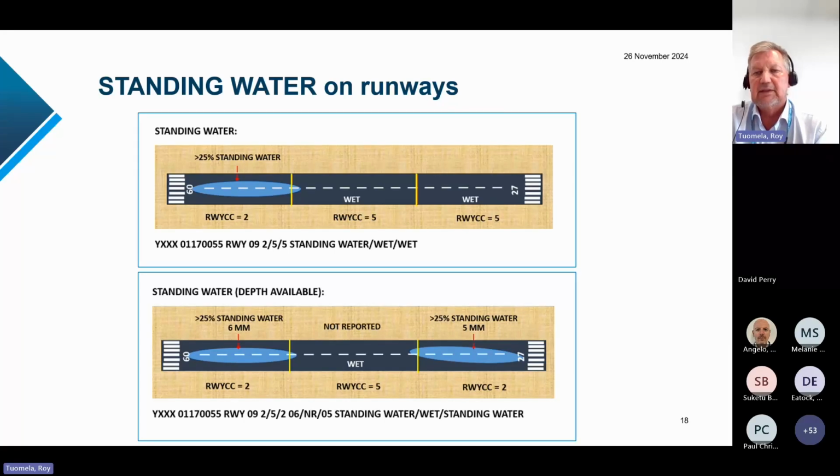Obviously, I wouldn't leave one report going overnight, but you should only need to change your report if the conditions have changed. So again, the reason we have those inspections is if the runway condition code has changed, either up or down, or the actual runway surface description has changed. That's the time when you would review your report.